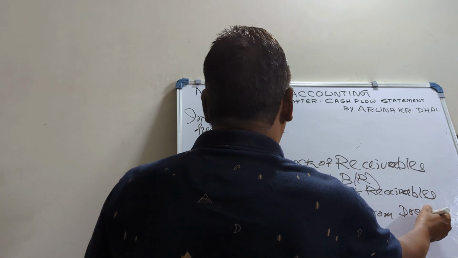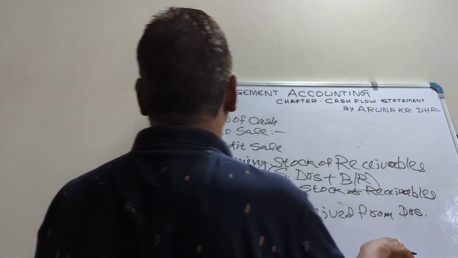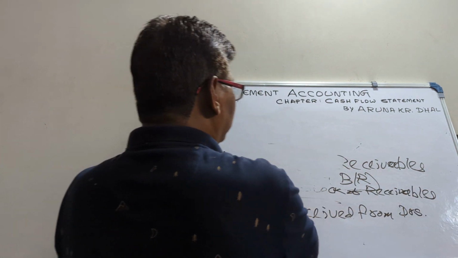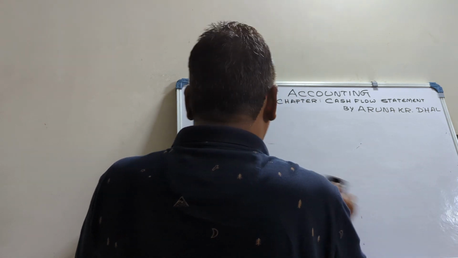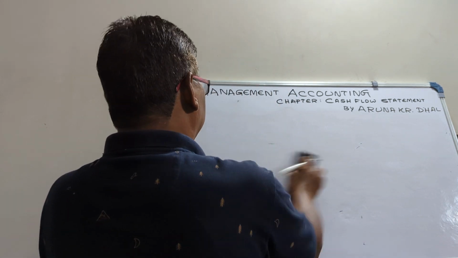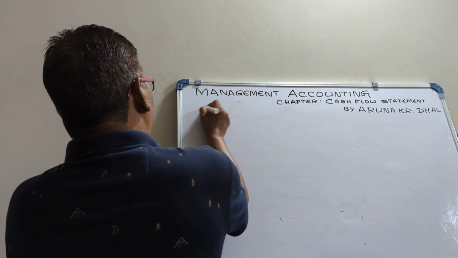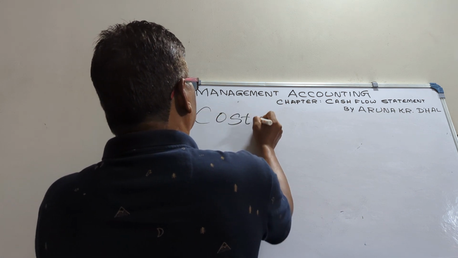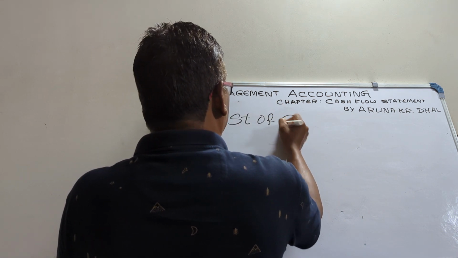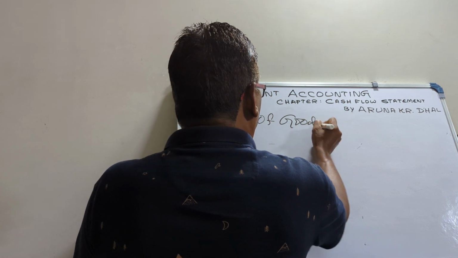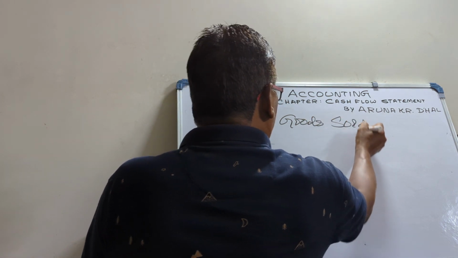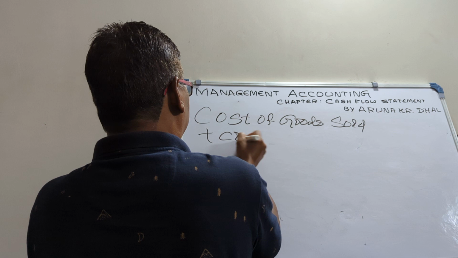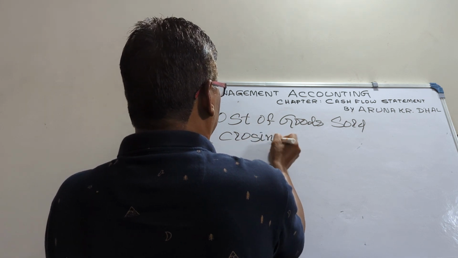Then we will make payment regarding purchases. For purchases, we will first take the cost of goods sold. Then in cost of goods sold, we will add the closing stock of finished goods.